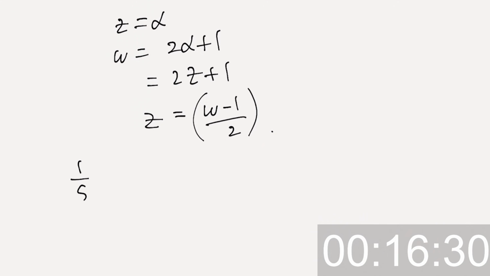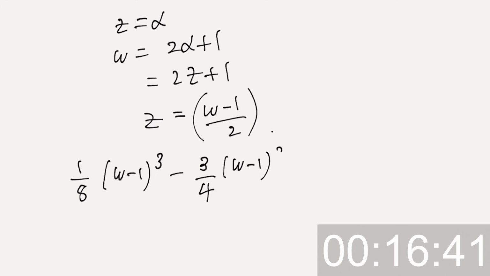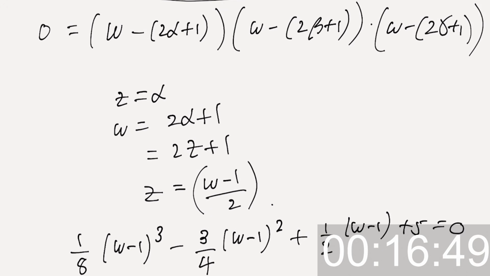So let's try that. Let's plug that into the z cubed, so that will give me 1/8 (w minus 1) cubed minus 3 over 4 of (w minus 1) squared plus a half of (w minus 1) plus 5 equals 0. So now I just need to make it look like this form.